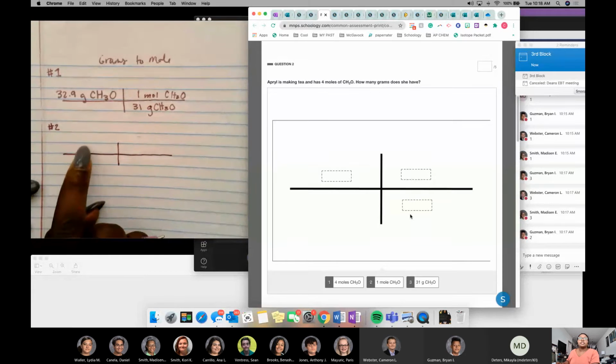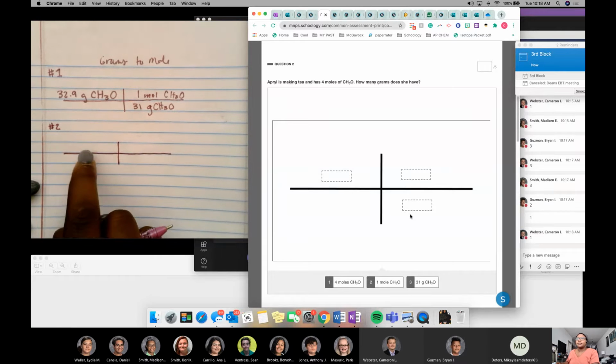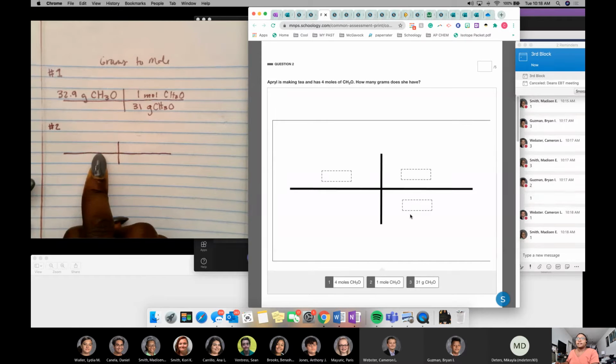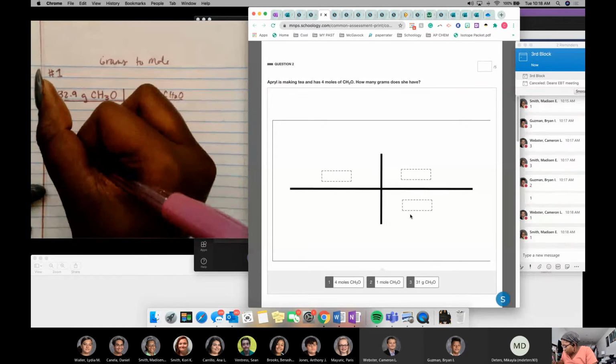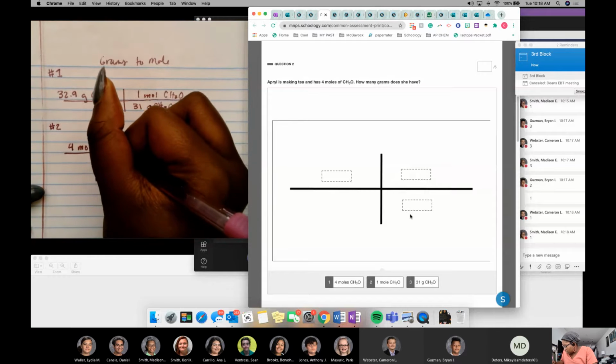Which answer choice is going to go right here? Brian says answer choice 1. Anybody agree with him? Cameron agrees with you. What's going to go right here? My given. And my given, good job, is 4 moles of CH3O.